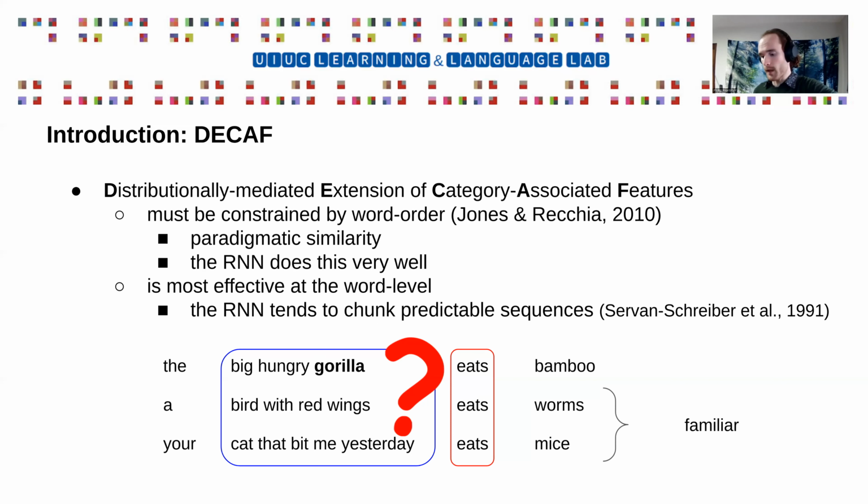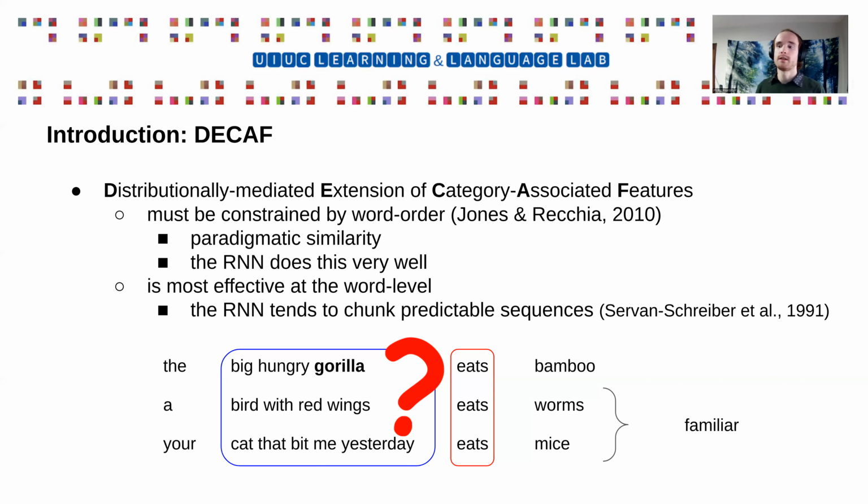That's what it does. And this follows from the objective that is used to train the RNN, which is next word prediction. Essentially, when you're trying to minimize next word prediction error, you're going to exploit in any way that you can sequential statistics and try to chunk words that are predictable, and you chunk those together, right?